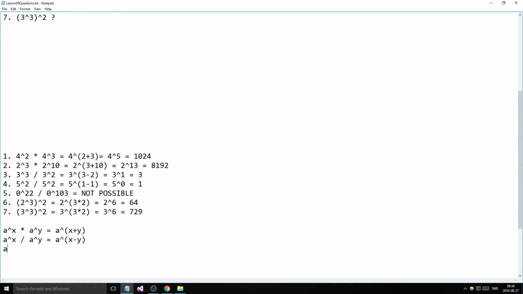And you have your exponentiation, a to the power of x, within a parentheses, to the power of y equals a to the power of x multiplied by y. There you go. And then of course you have your a to the power of 0 equals 1. Your 0 exponent. And then here in the division, a cannot be 0.